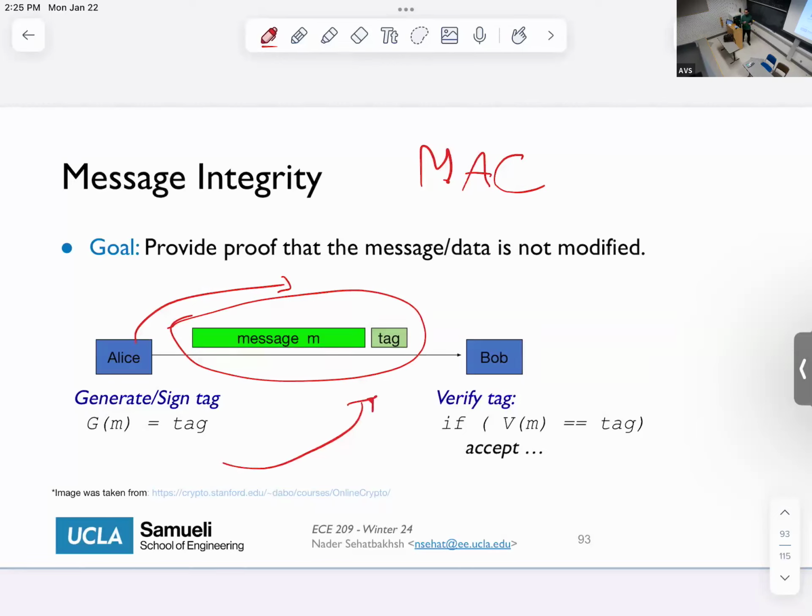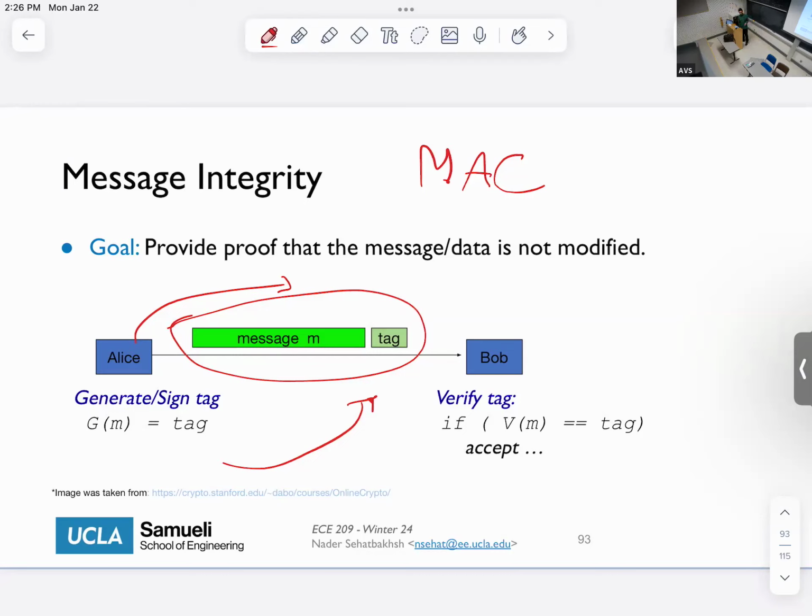For example, instead of yes, they can send no. And remember, encryption doesn't help, because if the attacker somehow has a database of encrypted messages, they can just substitute one with something else, right? So they can send something wrong to me.